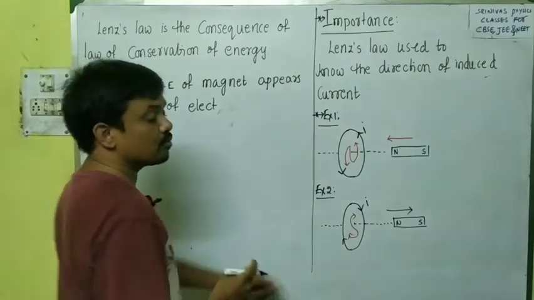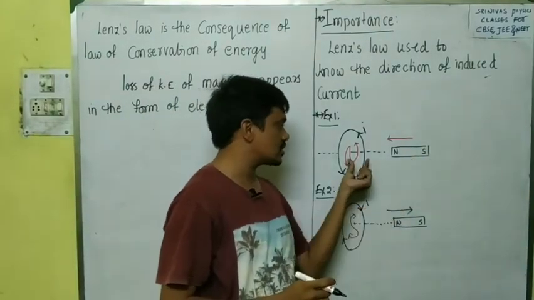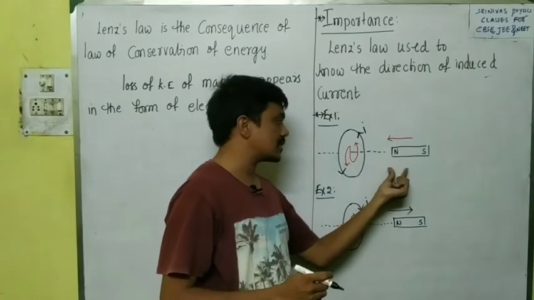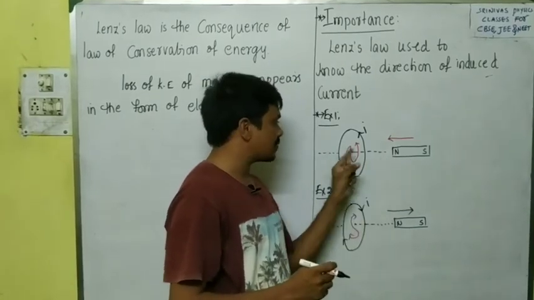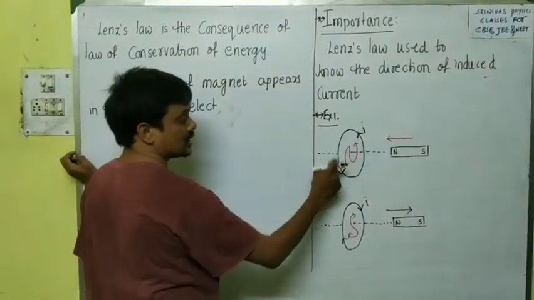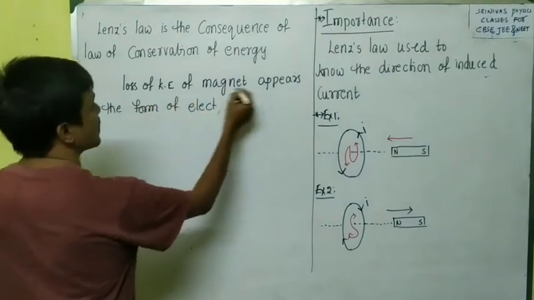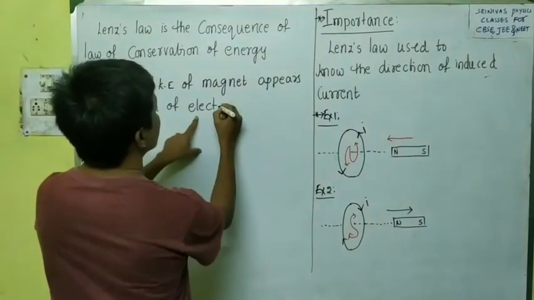When you move the magnet, the kinetic energy is lost because it is opposing the motion. Due to that repulsion, its kinetic energy decreases. The loss of kinetic energy converts into electrical energy. Then, due to electrical energy, current passes through the wire. Then due to that, heat will generate. Means loss of kinetic energy of magnet appears in the form of electrical energy.